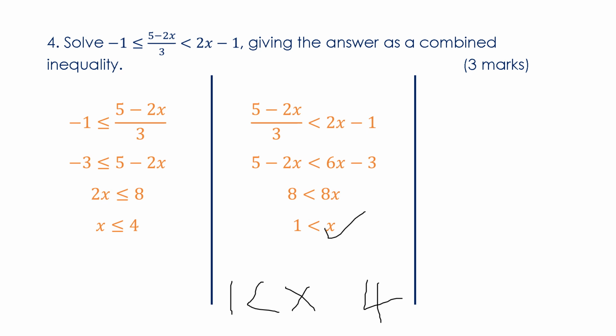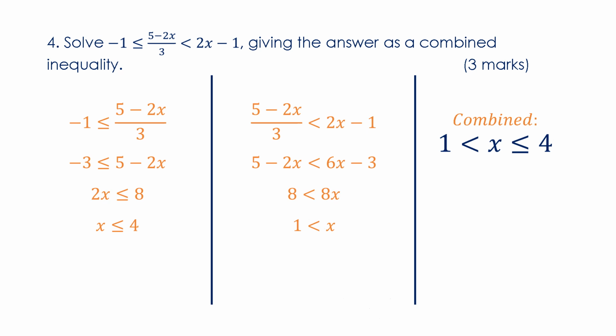Then the relationship between x and 4 is less than or equal to. So now our combined form will be 1 is less than x and x is less than or equal to 4. Or you can say x is greater than 1 but less than or equal to 4. So that will be the combined form of this inequality.